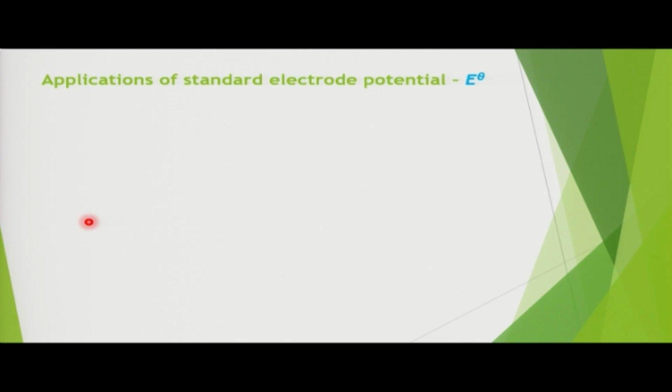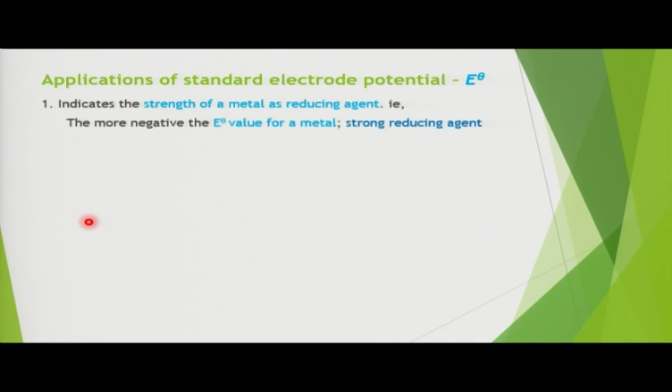Let's conclude with the applications of standard electrode potentials. As we looked at the start, they can show you which metal is a reducing agent, in other words, the metal which easily loses electrons. The more negative the potential, the stronger the reducing agent that metal is.